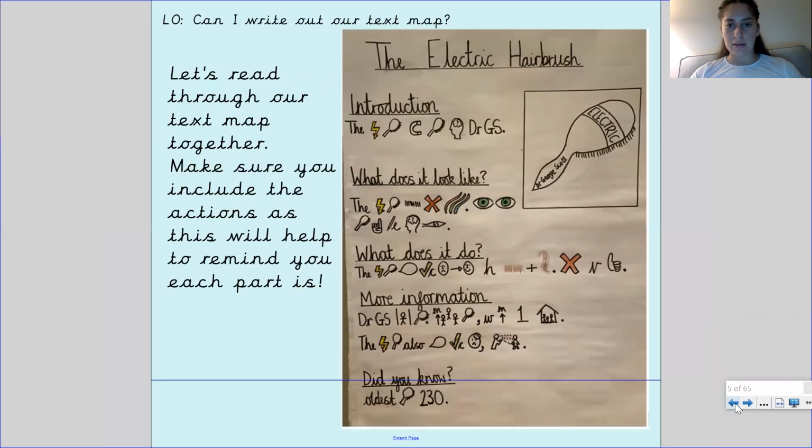Okay, let me go back and see what the next part is. What is the paragraph underneath my subheading introduction? Well, the electric hairbrush was in fact a magnetic brush invented by Dr. George Scott. I'm going to read that again.